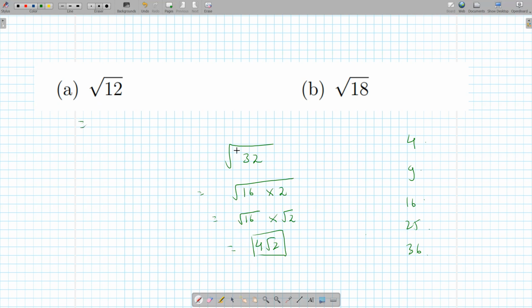Now tell me, in terms of a perfect square, how can we rewrite 12? It'll be the square root of some perfect square times some number. And these are your perfect square numbers. 4 times 3.